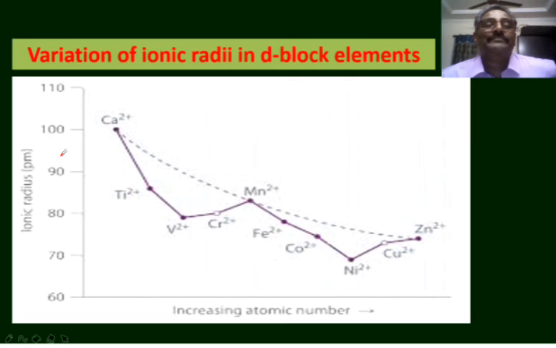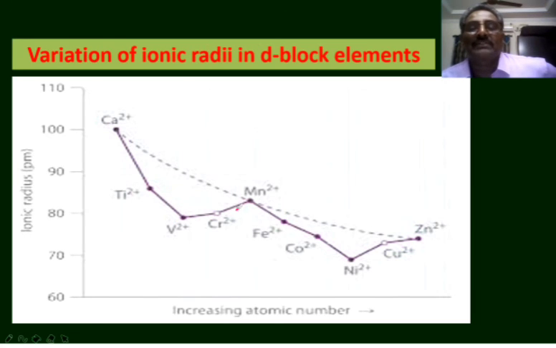Now let us go to the variation of ionic radii in d block elements. The general trend in the variation of ionic radii in the d block elements is also a gradually decreasing trend, but the decrease is not uniform.